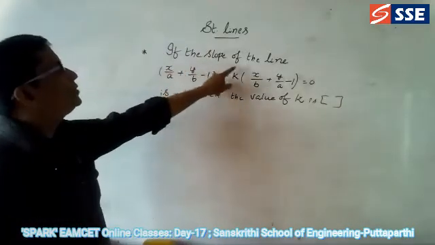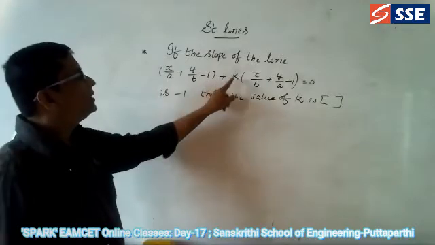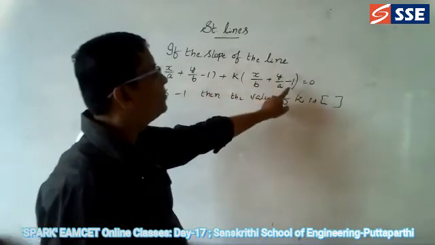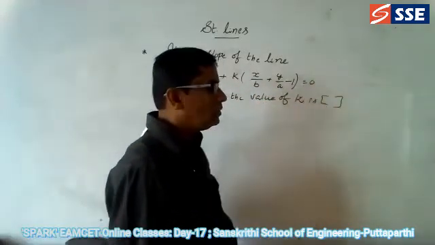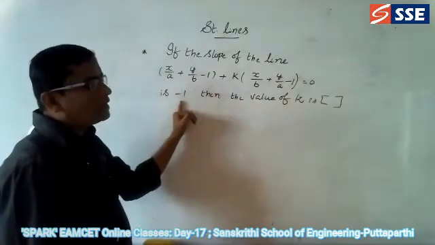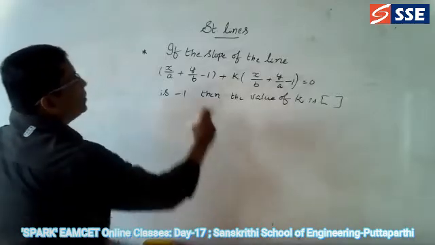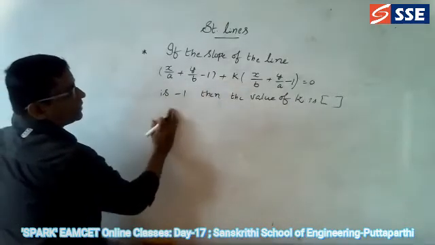If the slope of the line x by a plus y by b minus 1 plus k into x by b plus y by a minus 1 is equal to 0 is equal to minus 1, then the value of k is dash. First of all, you can go for simplifying this.